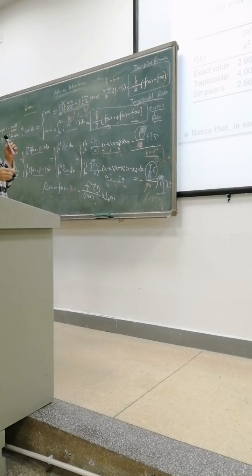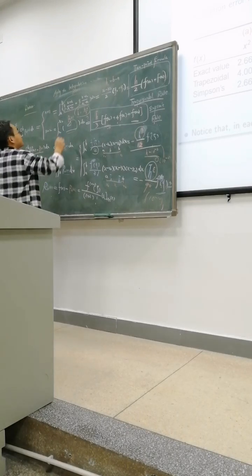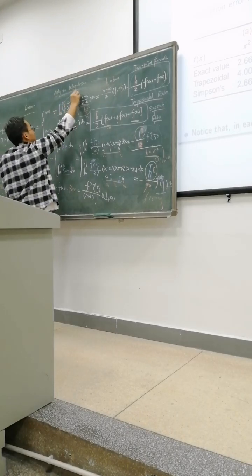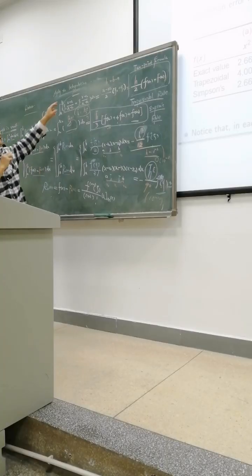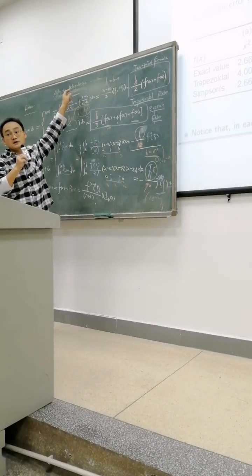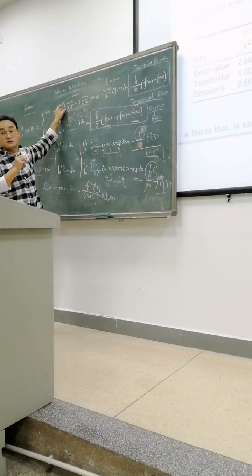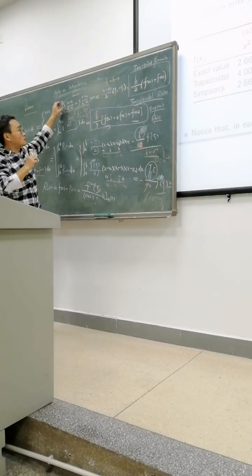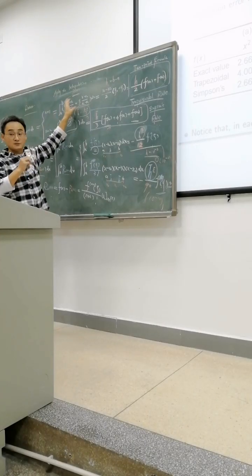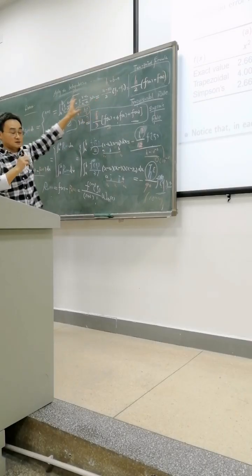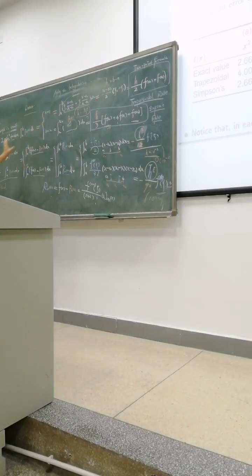Because for the best approximation, we need to solve the linear system to determine the coefficients of this polynomial function, right? So for the best approximation, we do not have the error formulas, and we cannot do analysis based on the residue, right?